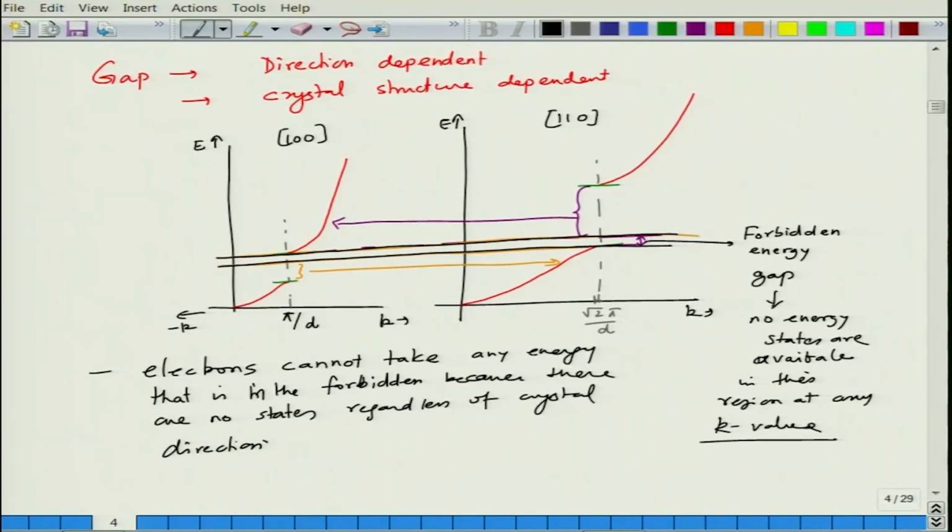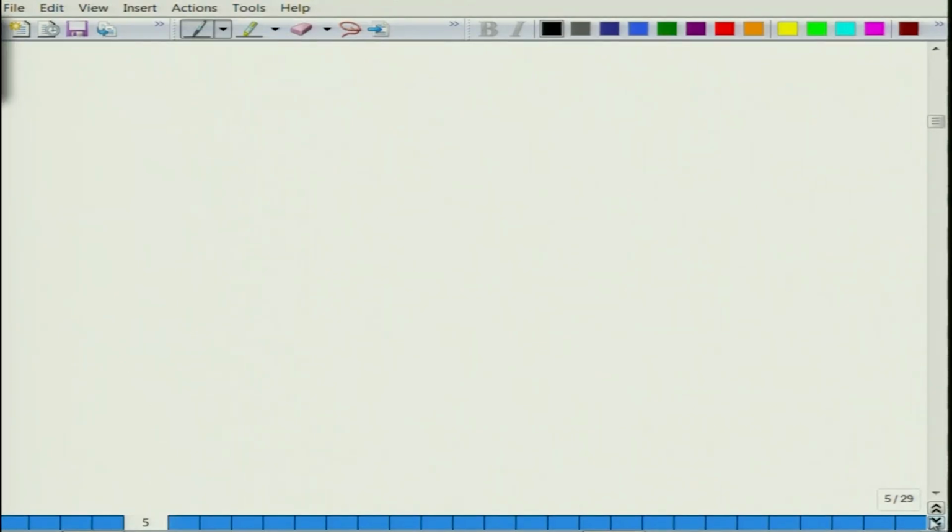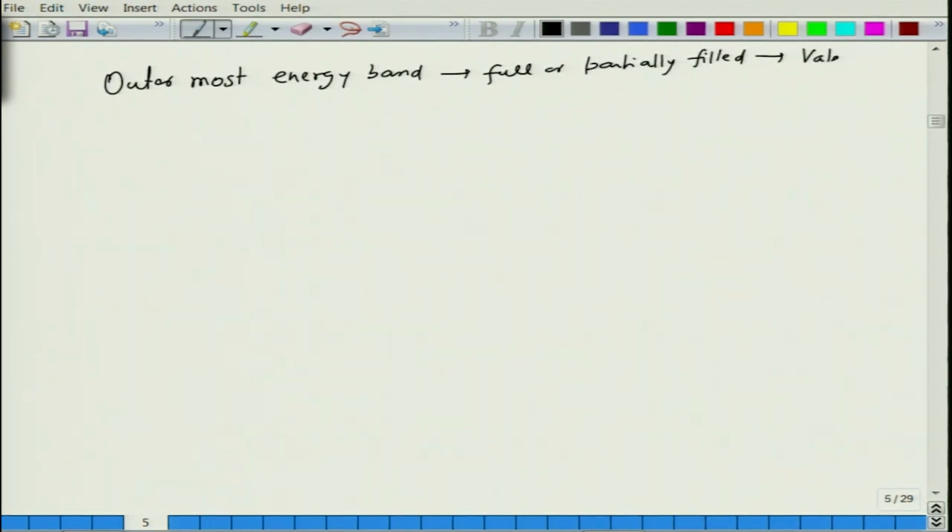There is far more detailed physics behind it, which we do not have time to get into, but nevertheless, you can say that we define these bands. The outermost energy band which is full or partially filled is called, you can say, the valence band.